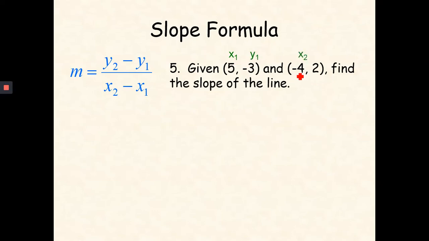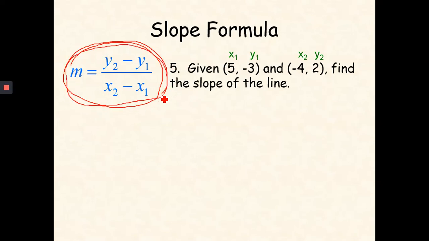And then negative 4 as your x sub 2, and then 2 as your y sub 2. And then after that, we are going to apply this formula again, as what I have told you. You need to memorize this one. Okay? So we're now going to plug in the values of the variables. Y sub 2 is equal to 2.